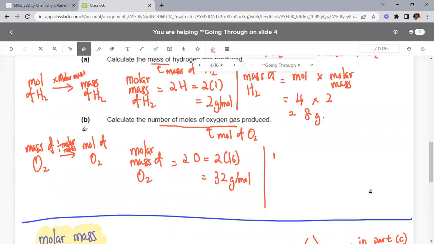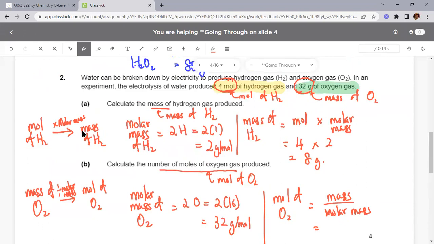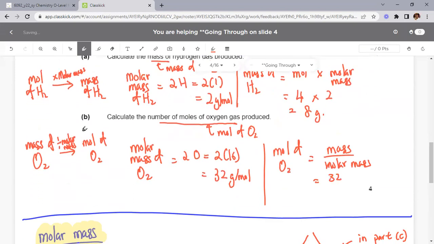Next, to find the mole of O2, I take the mass divided by the molar mass. The mass of O2 in the question is 32, and the molar mass I calculated is 32 grams per mole. So my answer is 1 mole.